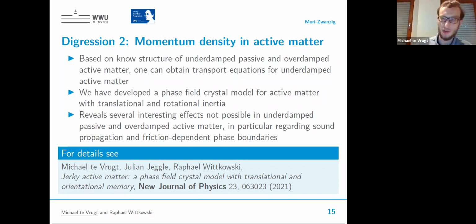So it's not just going to the minimum of the free energy, but the friction actually determines whether the fluid state is stable or not. And also you can find different modes of sound propagation that contain as a limiting case what is known about sound propagation in these two cases here.